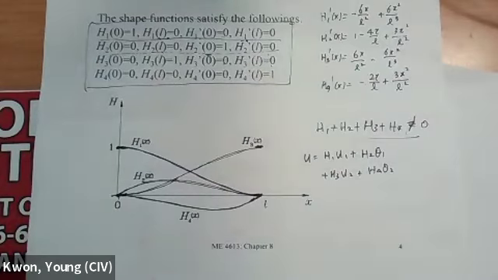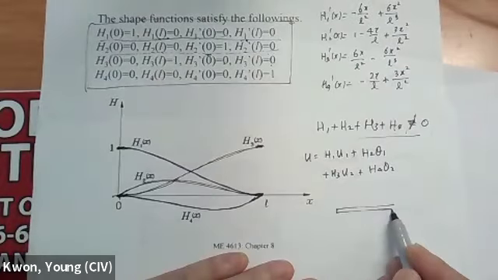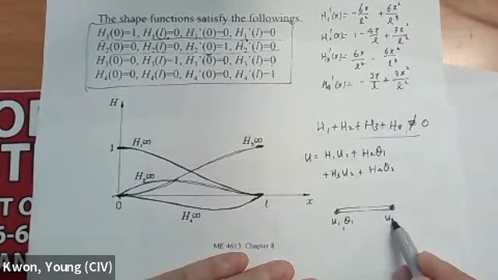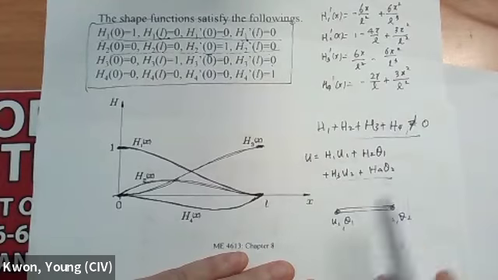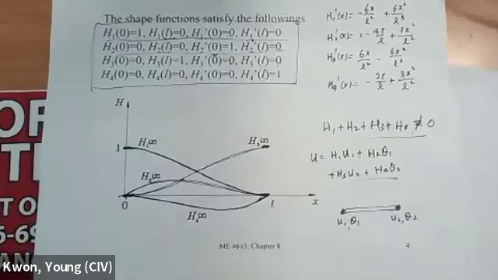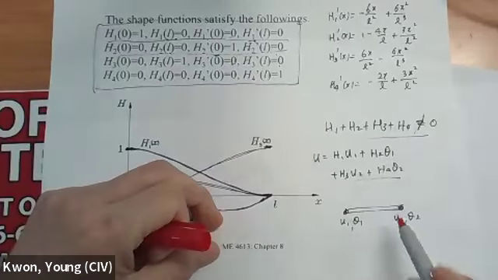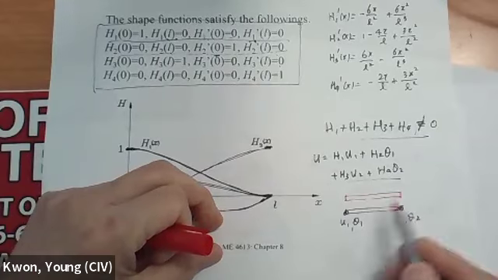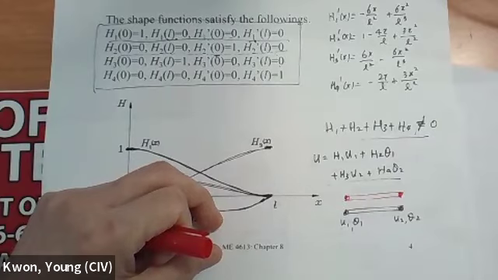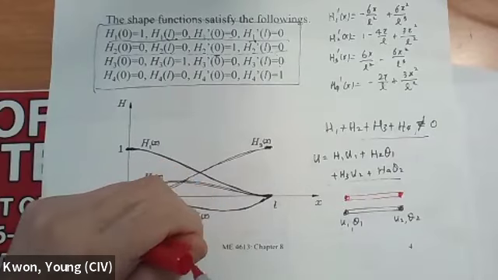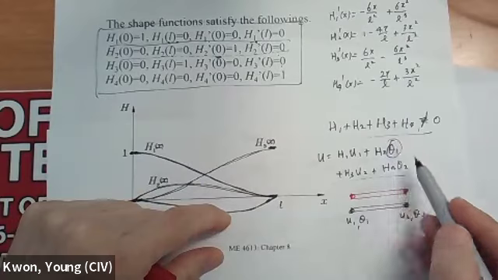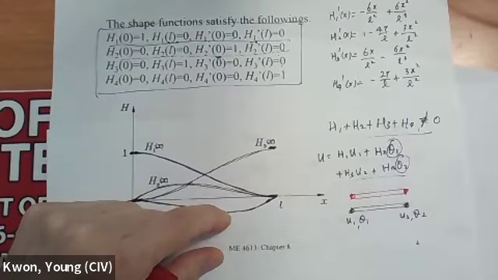So if you have a beam with u1, theta 1, u2, and theta 2, consider rigid body motion. The beam has rigid body motion, which means it is going to move, let's say a rigid body translation, like that. Then what do you see? When you have rigid body motion, theta 1 is going to be 0 and theta 2 is going to be 0.